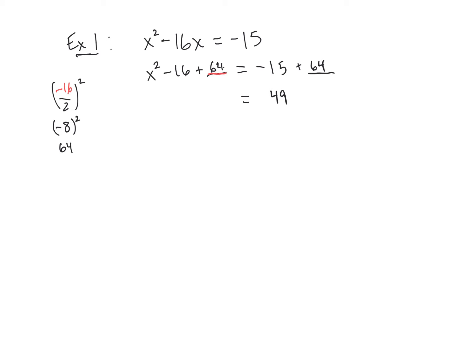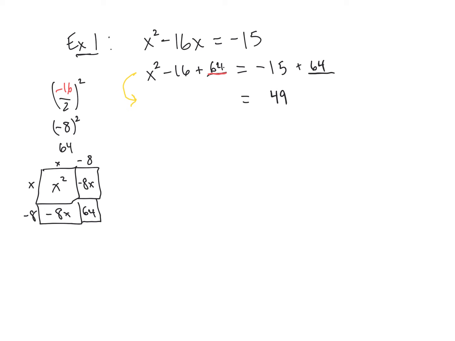Now, the kind of trick, the new step today is on the left side, how do I rewrite this as a completed square? Now, what I have here is I essentially created a box where I have an x squared, which is x by x. I have some -8x's, right? -8x and -8x. And I have that 64 down here. So really what this is, and it's a little bit visually weird because we have a negative, but we really have -8 times x.